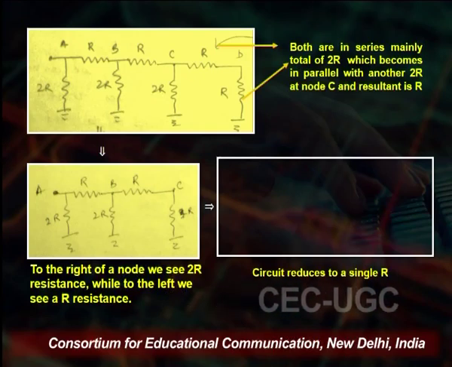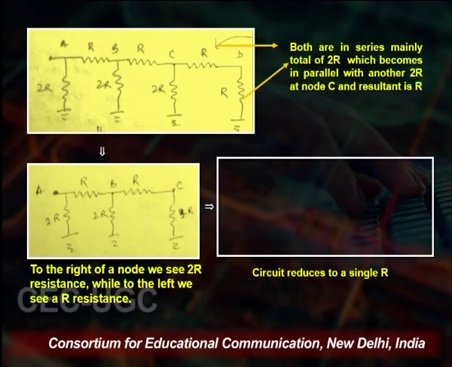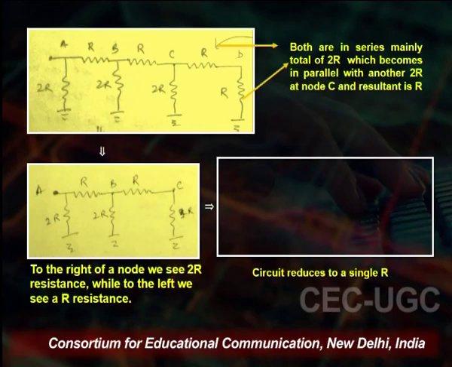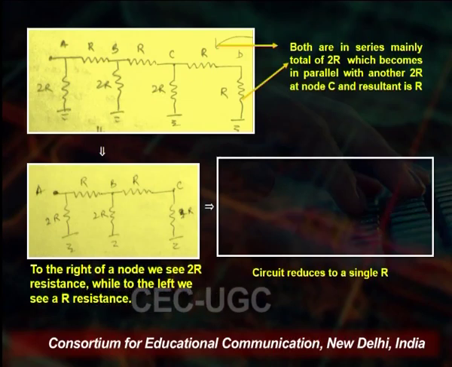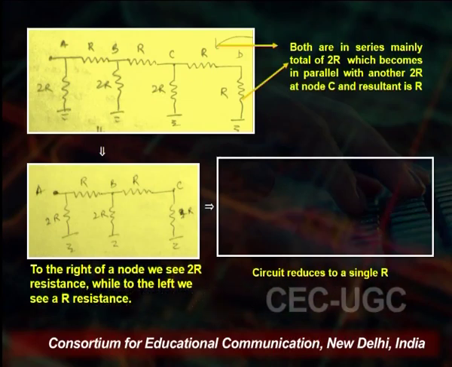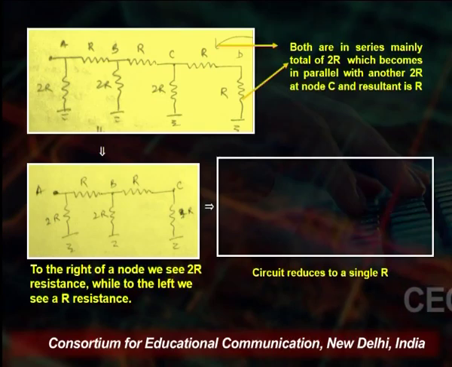Now, the main problem with binary weighted resistance was that the value of resistances became unmanageable, especially when we increased the number of bits. That is not a problem that we would face here.